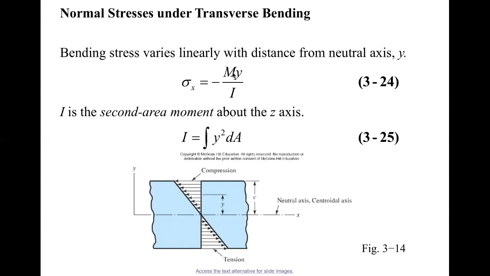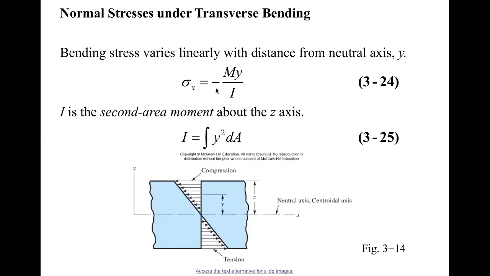In pure bending, the bending moment is constant, but in transverse bending, the bending moment changes with x. This is the difference between pure bending and transverse bending: in transverse bending, the bending moment changes with x; it's not constant.